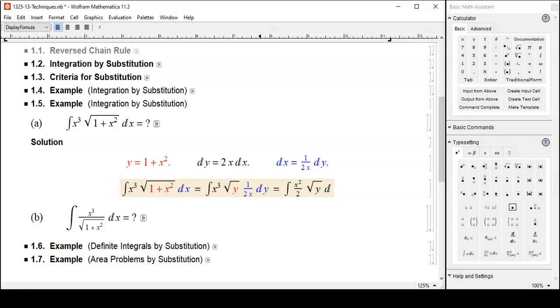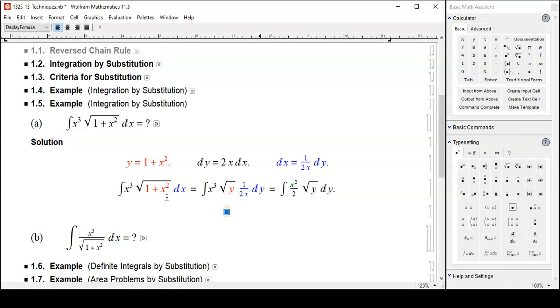Suggestion. Well, we have to go back to the original substitution here. From here, x squared is y minus 1, and if you put this one right here, then everything will work out.